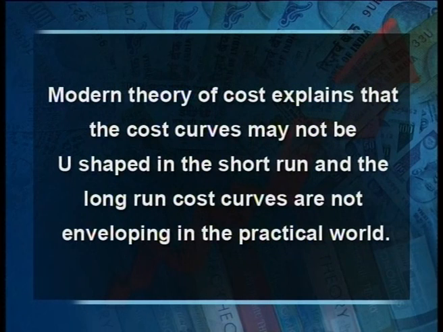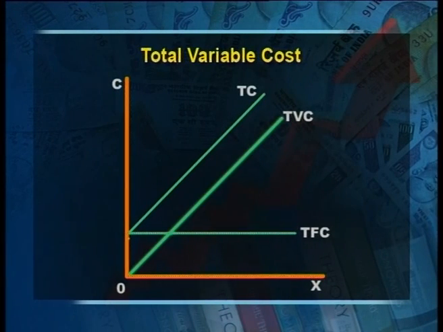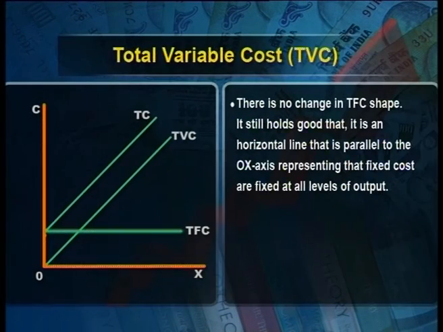Let's now understand the basic logic behind this. According to modern theorists, TVC, that is the total variable cost, is a straight line with a positive slope starting from the origin. Look at the TVC curve in the graph. If you look at the shape of the TFC curve, it's clear there is no change in its shape. It still holds good that it is a horizontal line parallel to the OX axis, representing that fixed costs are fixed at all levels of output.